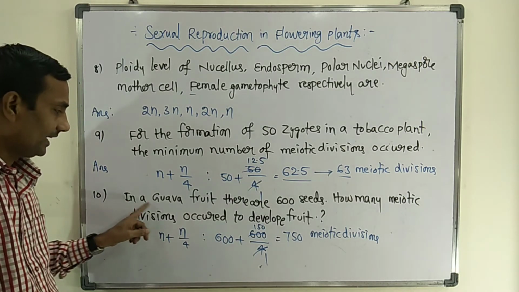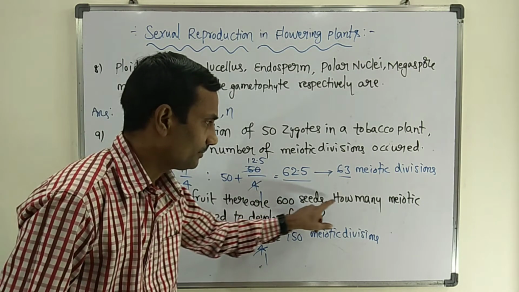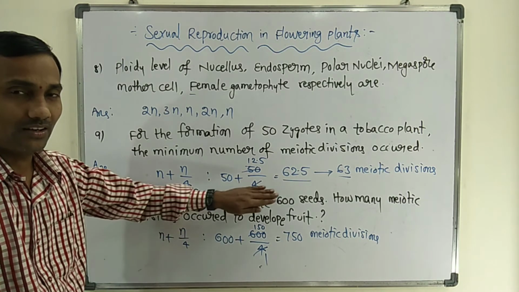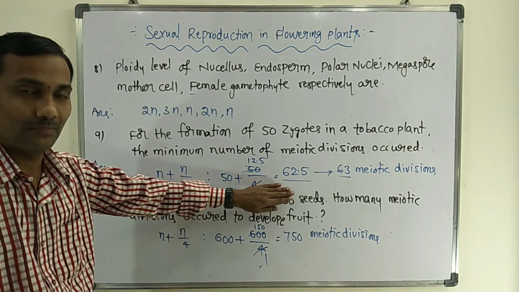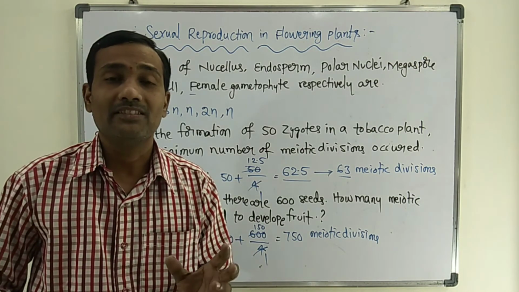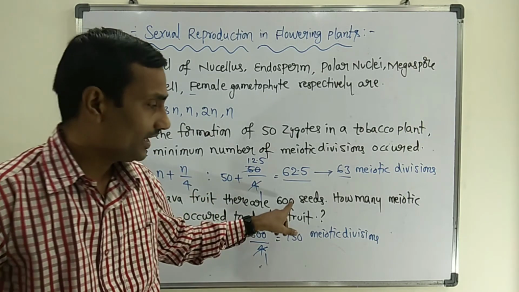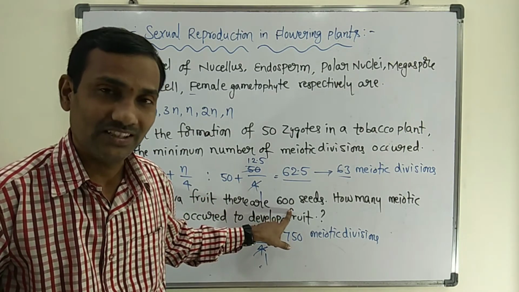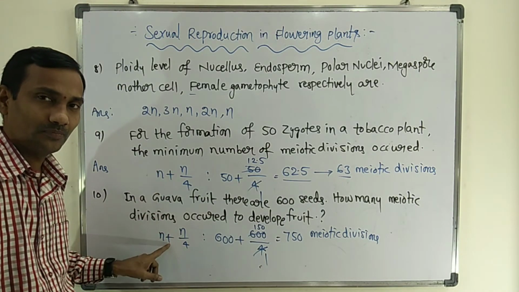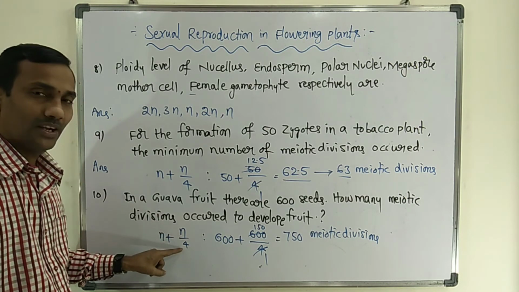Next question: in a guava fruit, there are 600 seeds. How many meiotic divisions occur to develop the fruit? The total seeds given are 600, and we have to calculate the meiotic divisions for the formation of the seeds. Here you follow the same principle as the previous question: n plus n by 4.